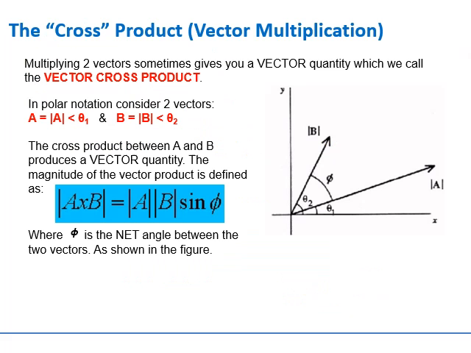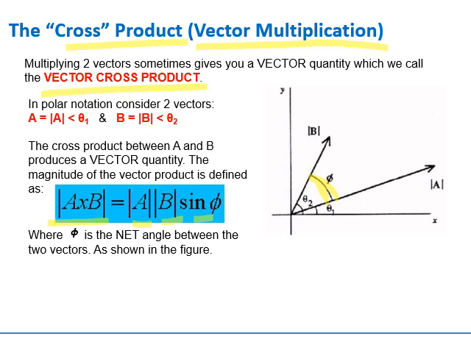And the next part is the cross product of two vectors. So the dot product is a dot b, ab cosine of phi, but the cross product is the vector cross product or the vector multiplication. A cross b is ab sine of phi. So now, instead of cosine, you take sine of this angle.